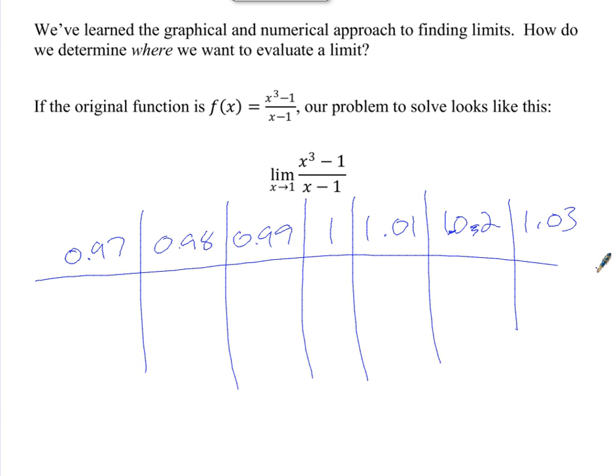And then copy down the values from your calculator into that table. At 1, we have undefined. If the numbers that you write down appear to be approaching the exact same number from both sides, then your limit is that number that they're approaching from both sides.